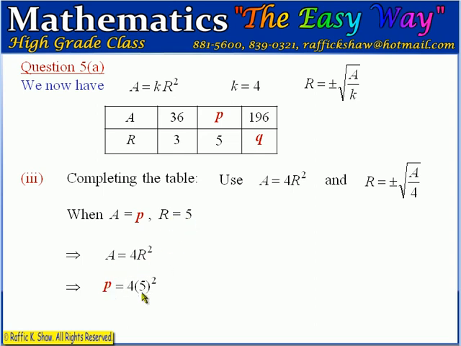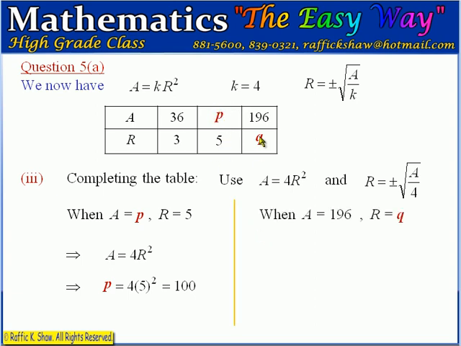R is 5, so R becomes 5 here. And so P is equal to 4 multiplied by 5 squared. That calculation gives us 100. And therefore, P is 100. So the value for this cell is 100.